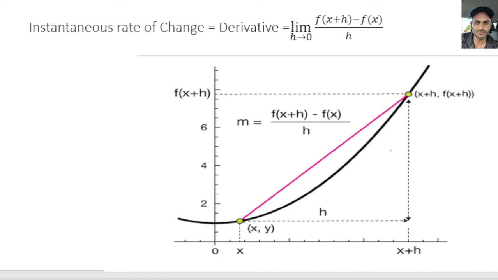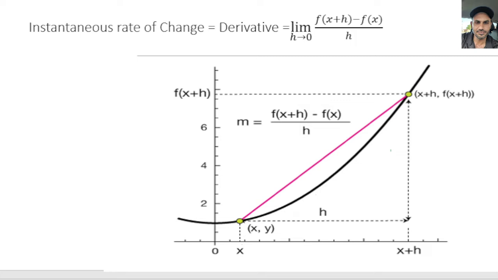Hello, welcome everyone. In this video, I'm going to work out the instantaneous rate of change, or the derivative, of a function. Let's go over this diagram.